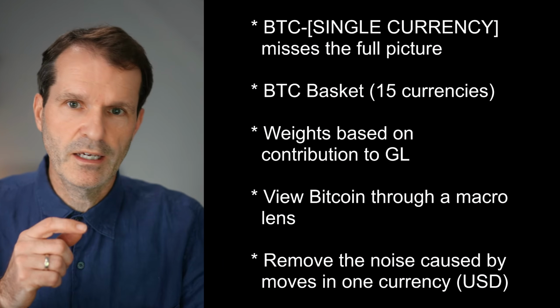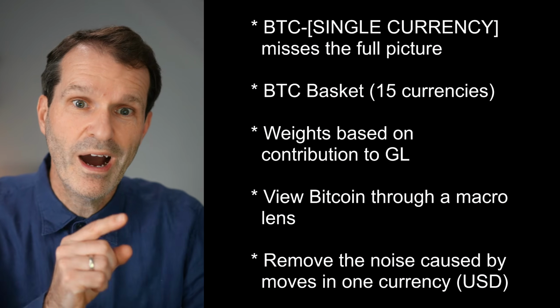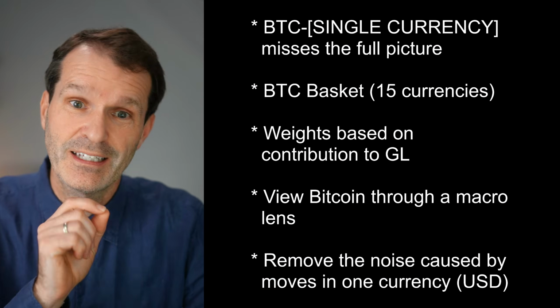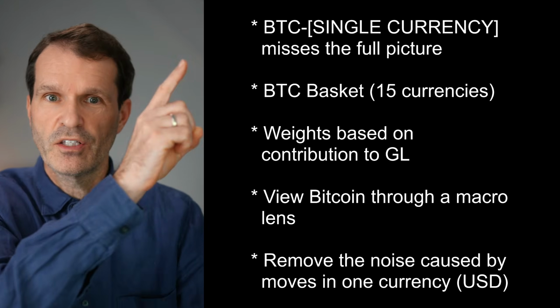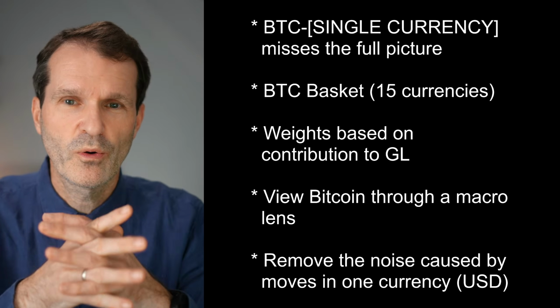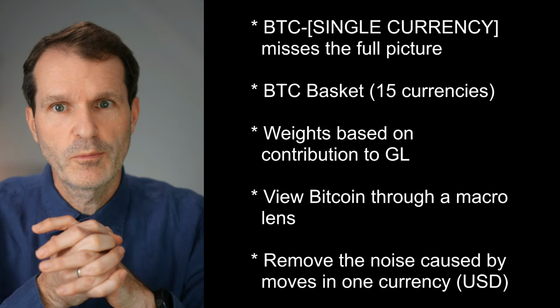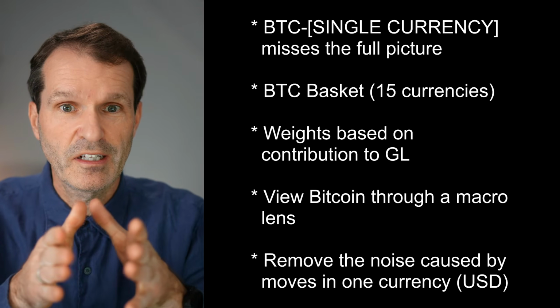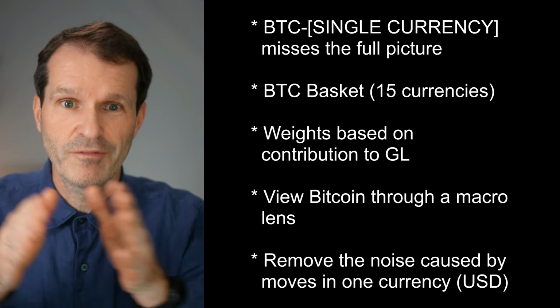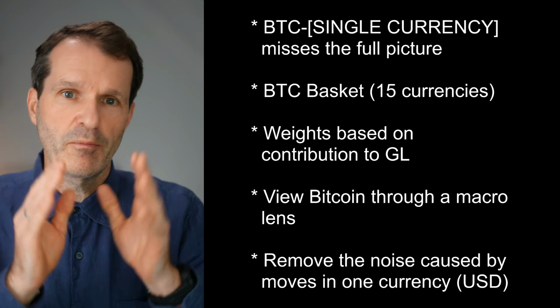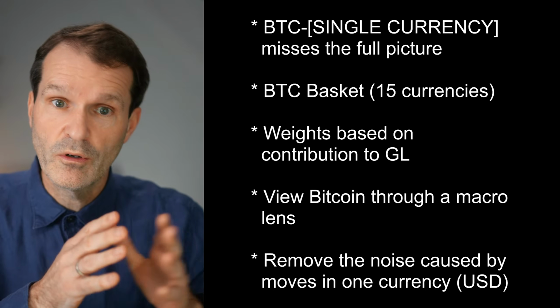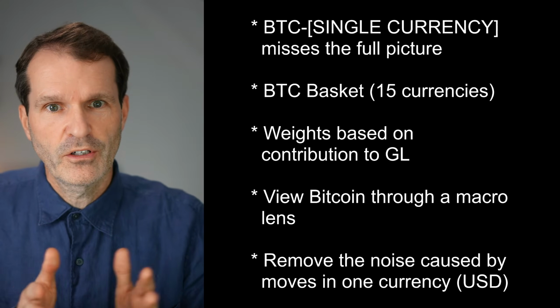Bitcoin basket. Let's talk about why a Bitcoin basket instead of a single currency. So let's start right at the top here. The standard way of analyzing Bitcoin or cryptocurrency is to use a single currency pair. So Bitcoin valued in US dollar, Bitcoin valued in euros, and whatever currency.